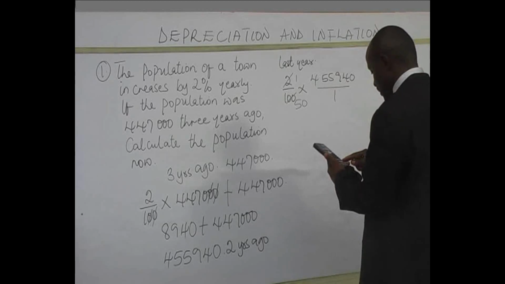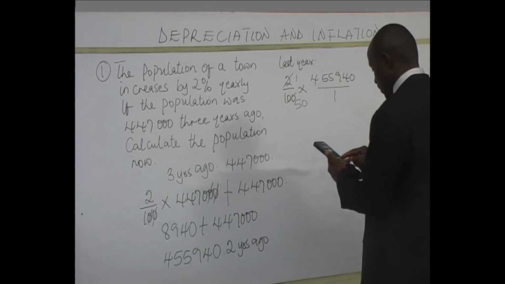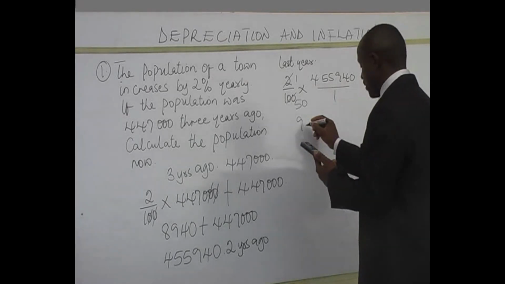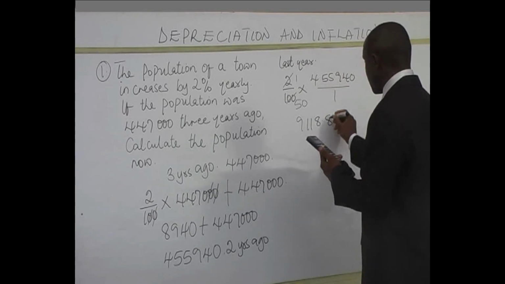Divide by 50. We're going to have 455,940 divided by 50. It's giving us 9118.8.